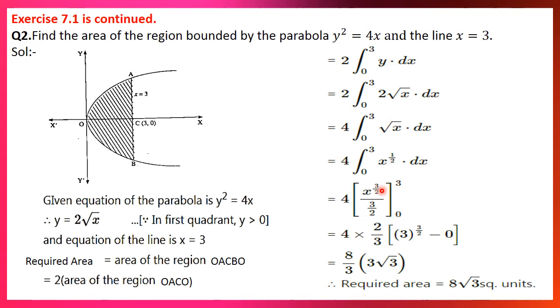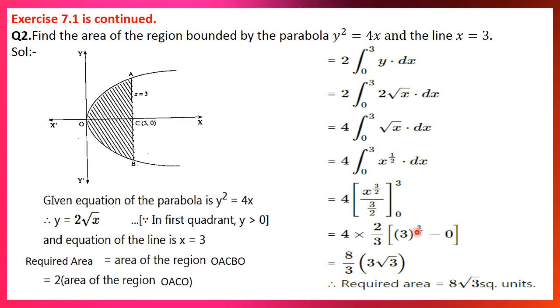So first take this 3 by 2. This is 1 upon 3 by 2. So when we take it out, it will become 2 by 3, its reciprocal. So 4 into 2 by 3 is 8 upon 3. Now applying the upper limit, that is x is equal to 3: 3 raised to 3 by 2 minus the value at x is equal to 0.